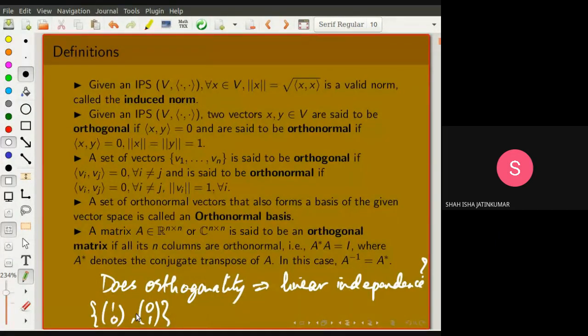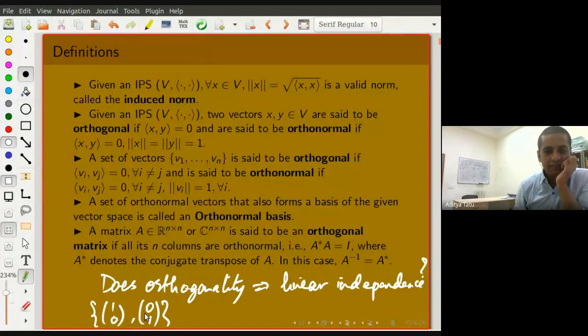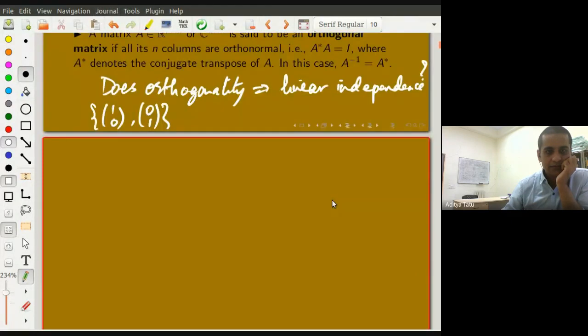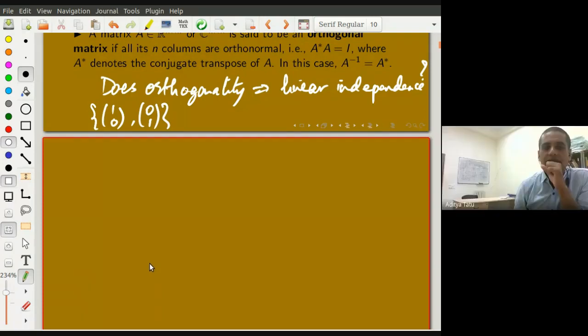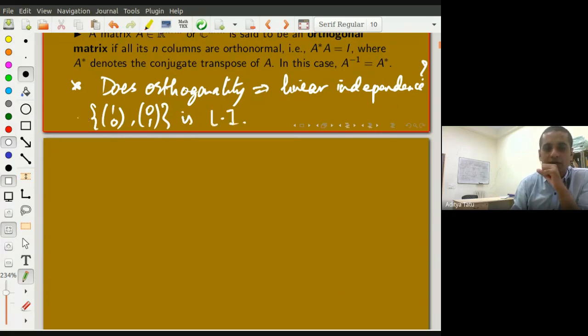The inner product will be 0, but aren't these two vectors linearly independent? Sir, I think it depends on the definition of inner product. Okay. Anybody else? This is linearly independent, right? I hope all of you agree with that.